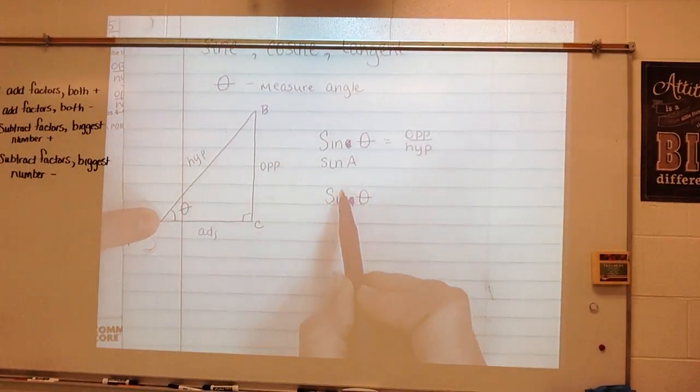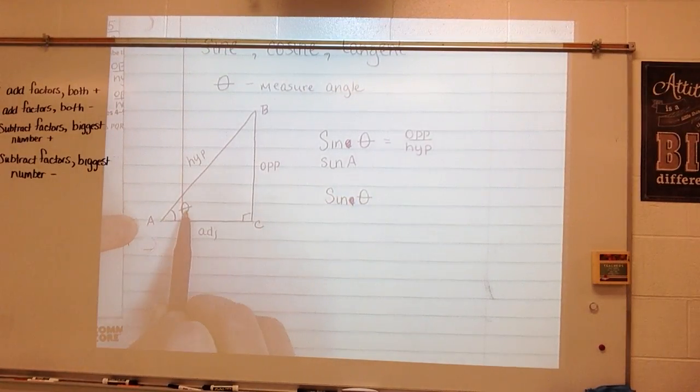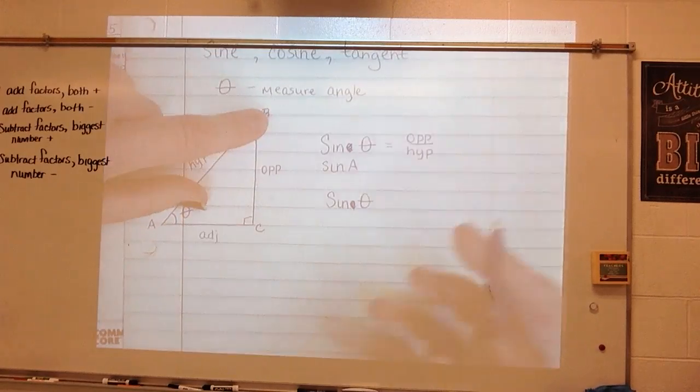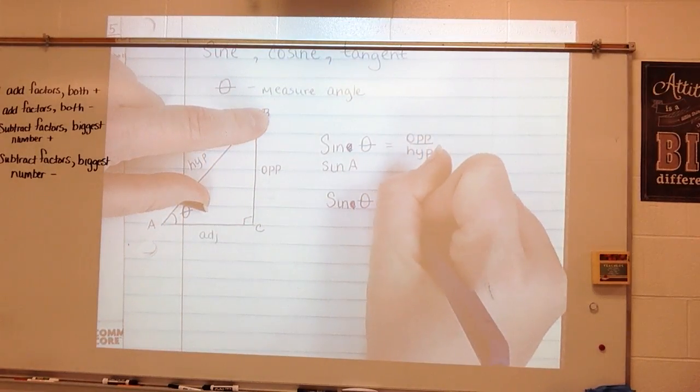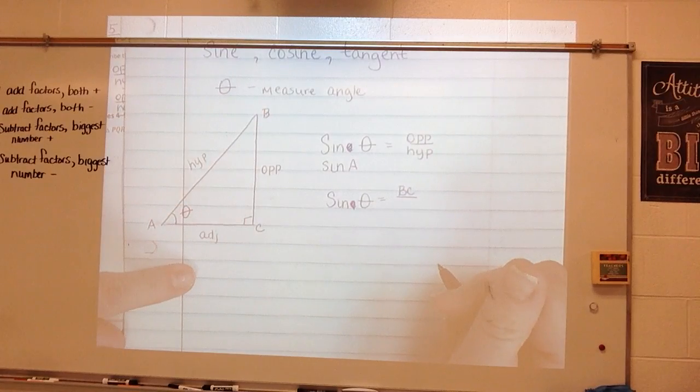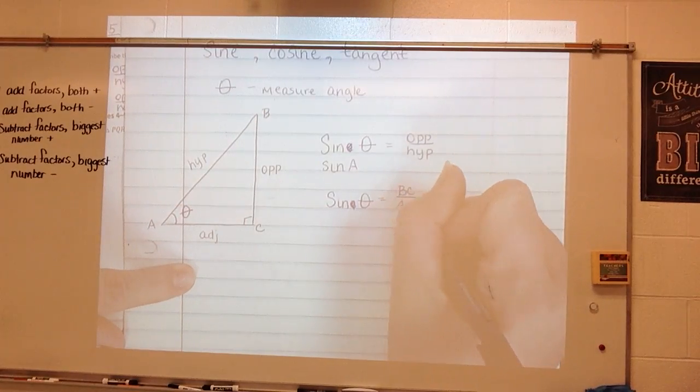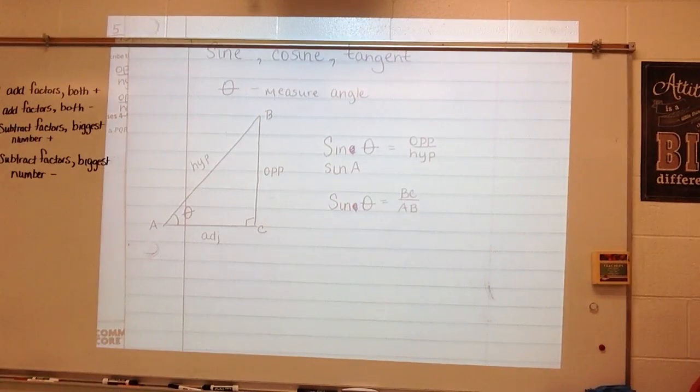When I'm trying to find the sine of angle A, it would be the measure of BC over the measure of AB. Once again, this is all in reference to angle A. So sine of whatever angle I'm dealing with is going to be the opposite over hypotenuse.